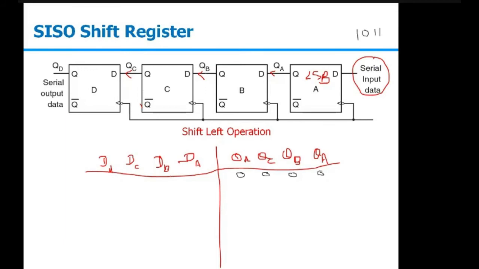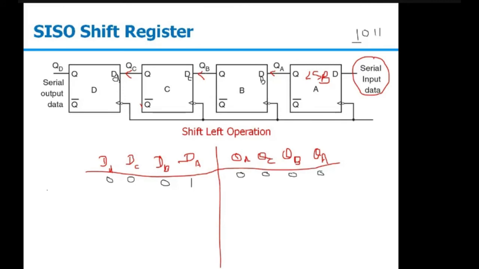So when initially all 0, in that case DB, DC and DD will be 0, because QA is the input of DB. So this is my QA and this is my DB. QB is the input of DC and QC is the input of DD. So these 3 will be 0 and DA will be the first bit, that is 1.